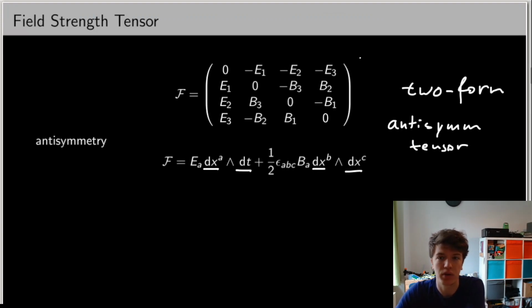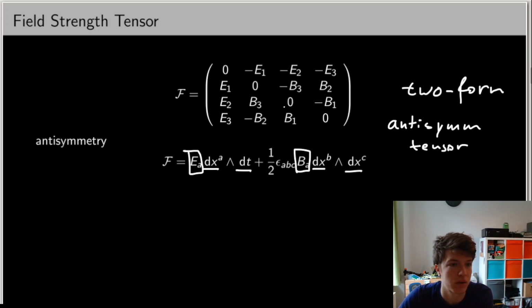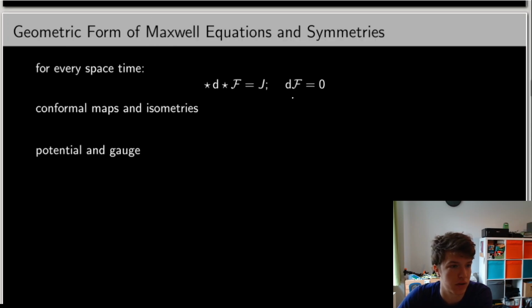Yeah, and it's also equivalent to defining electric and magnetic field, as we can read off electric and magnetic field if we have a time direction, and we can also define the field strength when we have coordinates, and we just insert it there. And now we can see what the geometric form of the Maxwell equations is in the setting of manifolds.